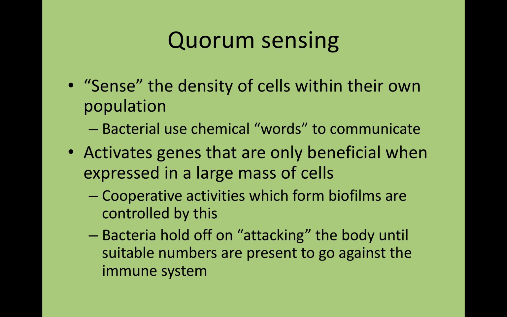So what you need to do is recruit members, and bacteria recruit members by acquiring nutrients and reproducing. When they sense the density is high enough, then they can activate genes that would benefit them, maybe produce a toxin to allow them to further invade the body.